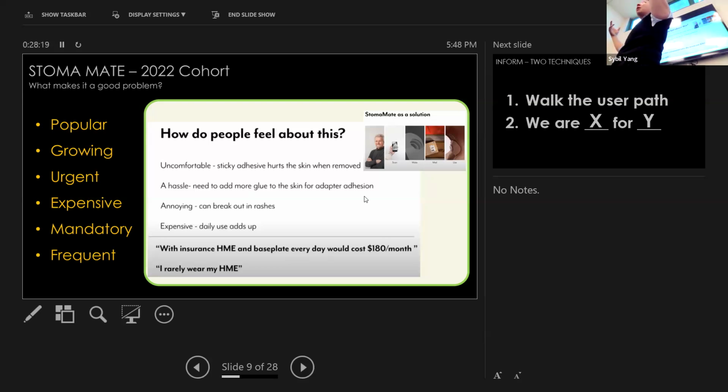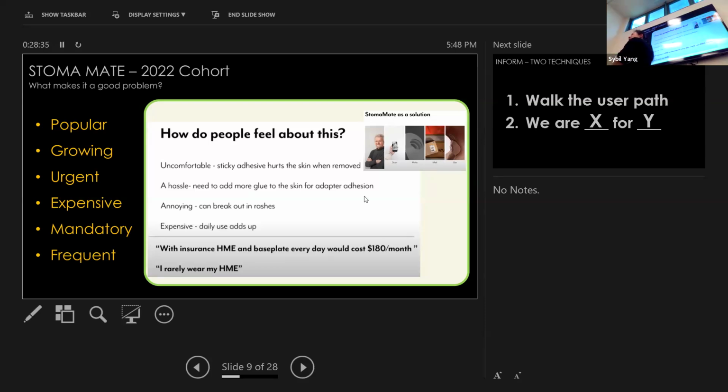It's an expensive problem for somebody who has to buy hundreds of thousands of stoma filters, which the healthcare provider would have to do. So you can make it an expensive problem to solve. Not a mandatory thing to solve.